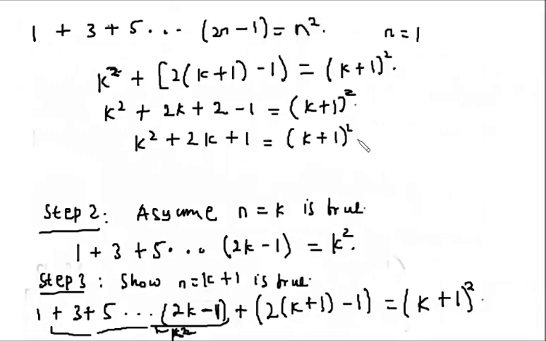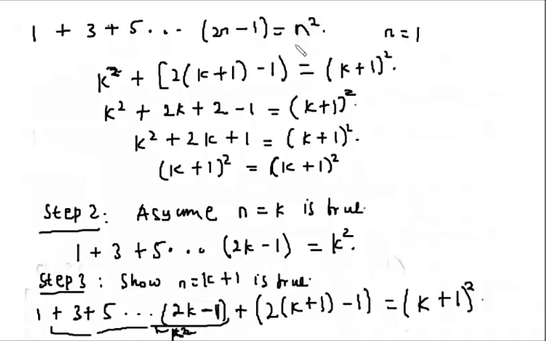So if you factorize this, you should be getting (k+1) squared, and then this is also equal to (k+1) squared. So we've shown that n equals k+1 is also true. So we've solved this problem and proven that this mathematical statement is true from the principle of PMI.